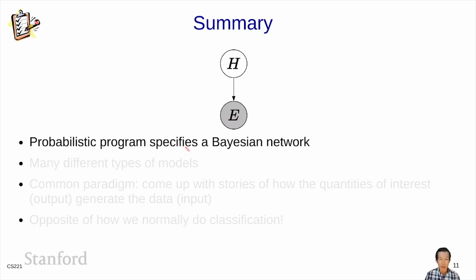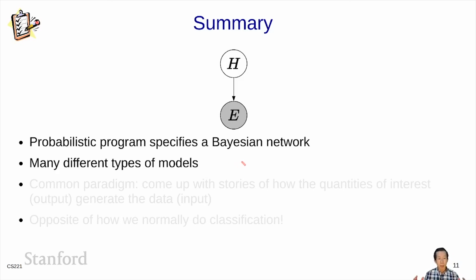By running it, it gives you a joint assignment, and the probability of producing that joint assignment is the joint probability. There are many, many types of models. I've only given you a very small subsample of them.